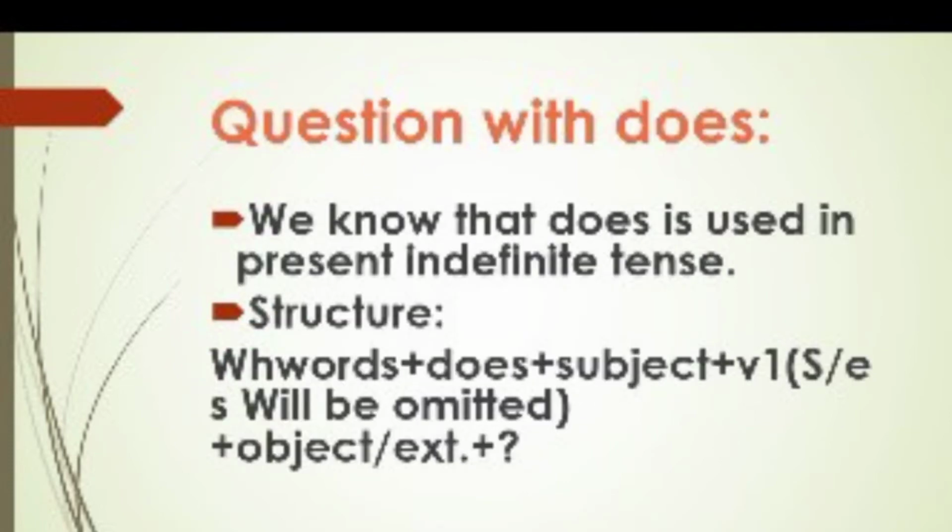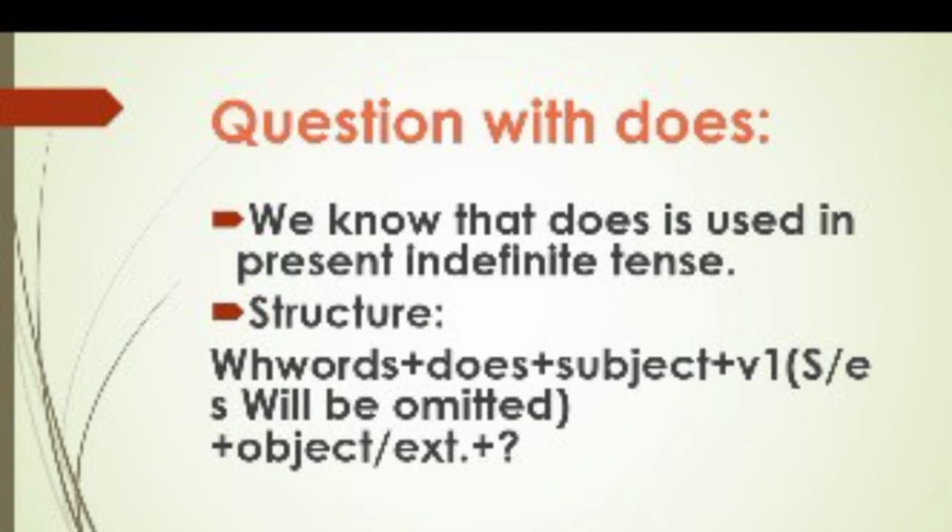Question with does. We know that does is used in present indefinite tense, and the subject is third person singular number. That time we have to use does. So let's see what the structure will be at the time of making any question. At first you have to write down the WH word, then you have to write does, then you have to write the subject, then you have to write down verb 1.